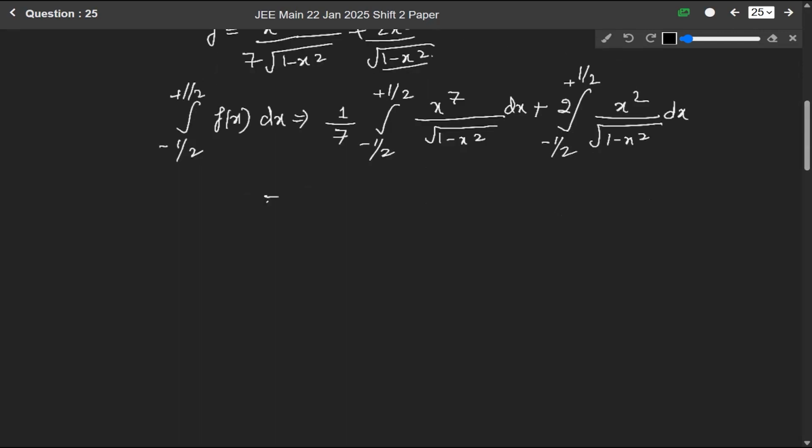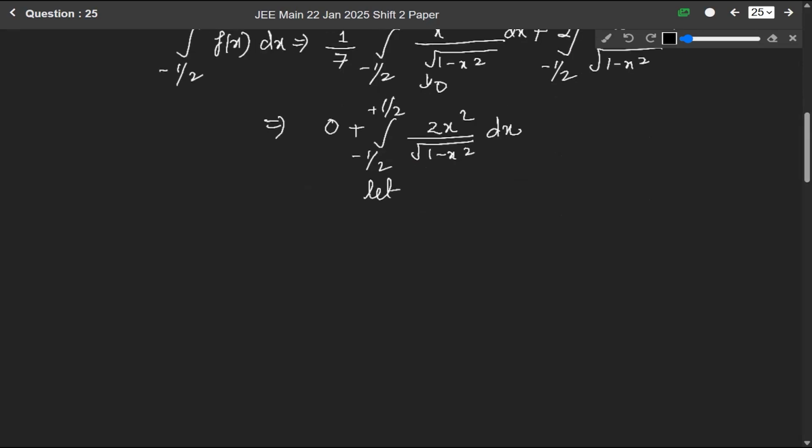So x^7 over this, and the limit is minus to plus the same, so this will become 0. So 0 plus the integral from minus 1/2 to plus 1/2 of 2x square over under root of 1 minus x square dx. Okay.